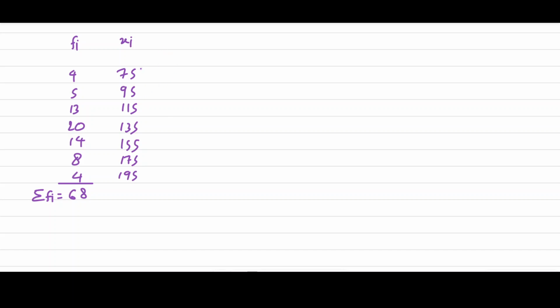Now we should simplify because these are big numbers, so Di will be Xi minus A. Now we should choose a mid value for A, that will be 135.